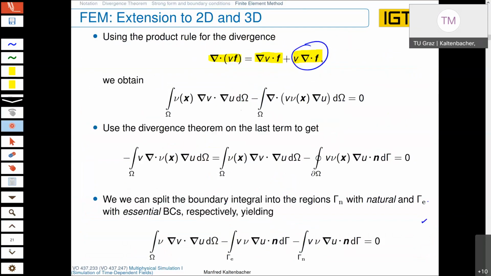Okay, so that means if we now, perhaps I should write it down here so that it is also easier to follow for you. So our f is our material parameter and the gradient of u. So now, as you can see, this term can be substituted by this term and this term here.